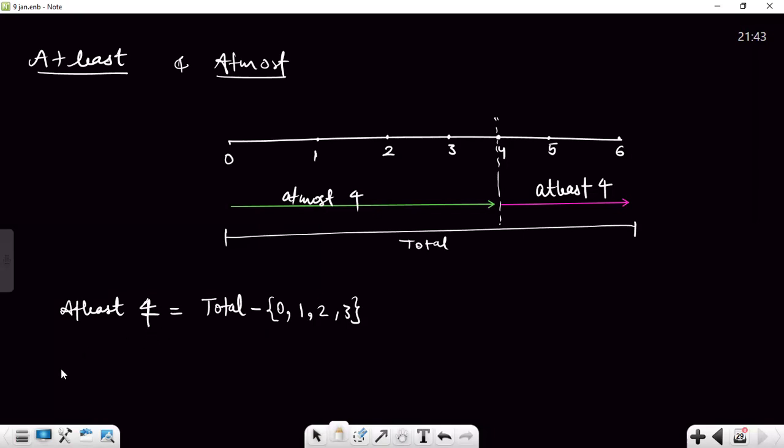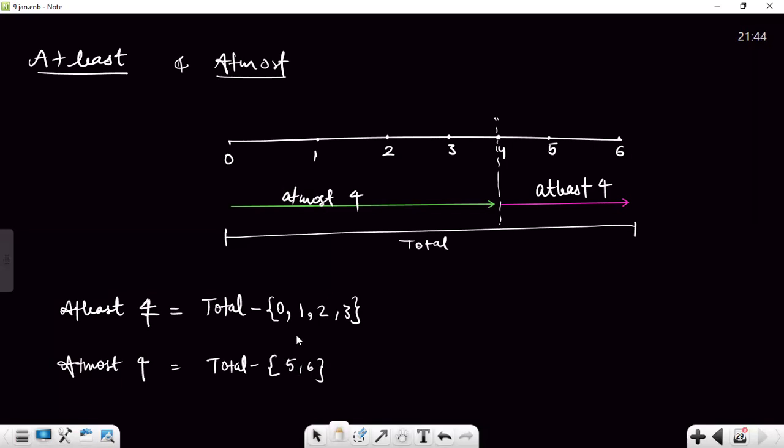4 is included. If I write at most 4, another way of saying this is total minus excluding the cases of 5 and 6, right?